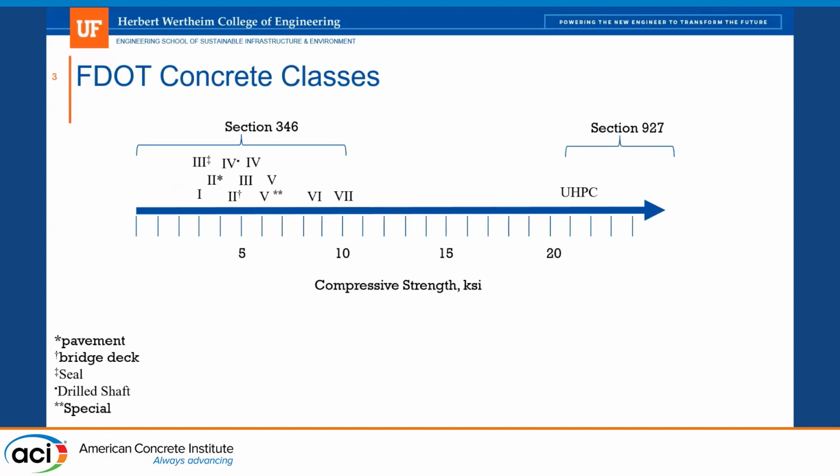So basically, if we look at the FDOT concrete classes, there is a whole range between the 10 KSI and, let's say, 20 or 21 KSI. There is probably a good range of concrete that we will be using in the future, and we are not taking advantage of.